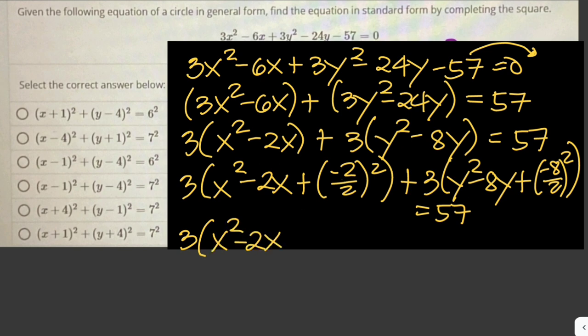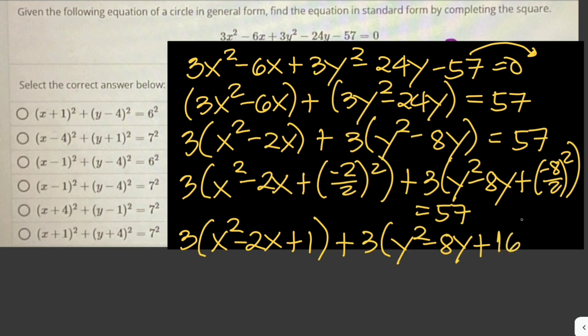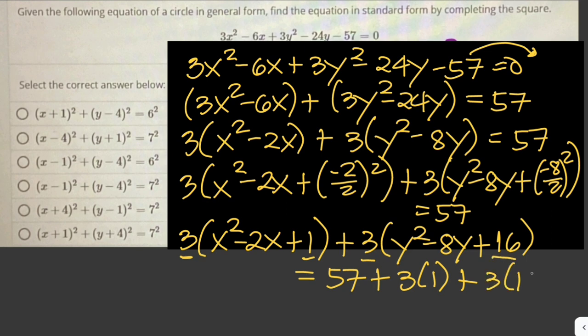Negative 2 over 2 is negative 1, squared, so this is plus 1. Plus 3 times y squared minus 8y plus negative 8 over 2 is negative 4. Negative 4 squared is plus 16 equals 57, and whatever we add to the left we also add to the right, so this is plus 3 times 1 plus 3 times 16.